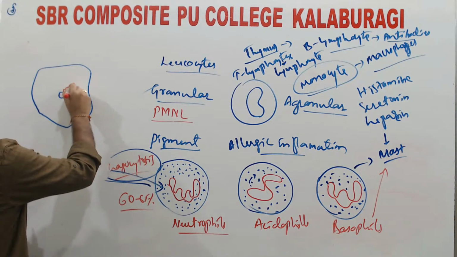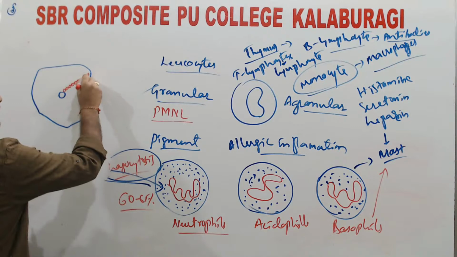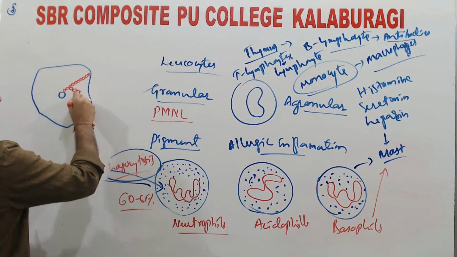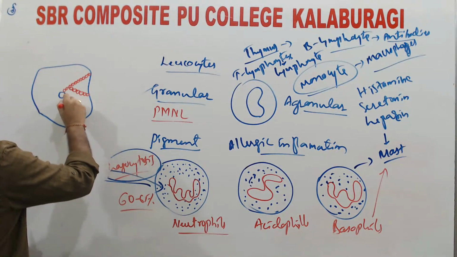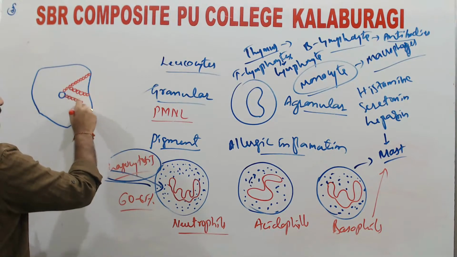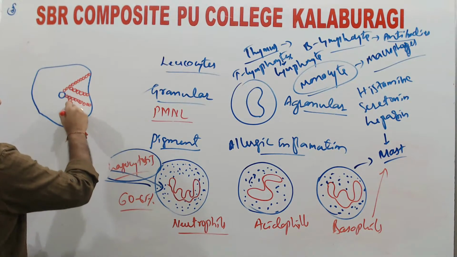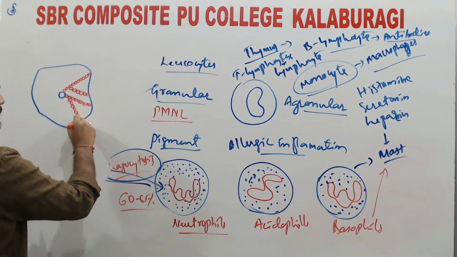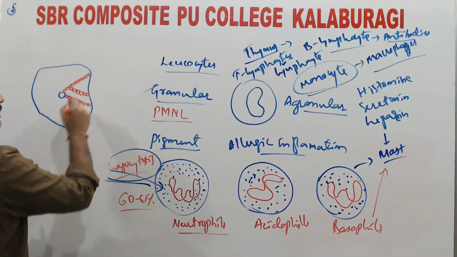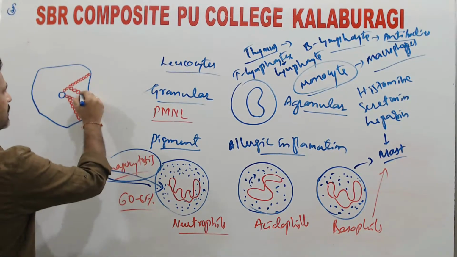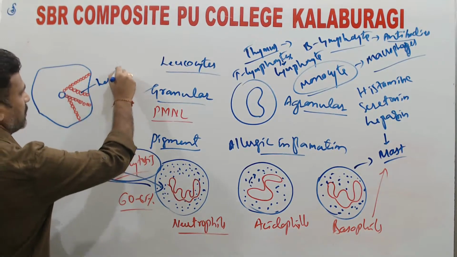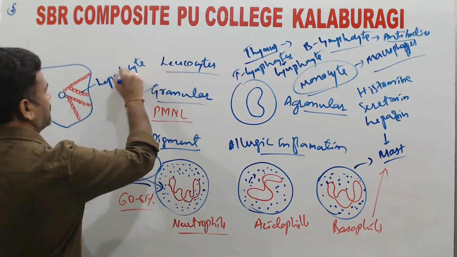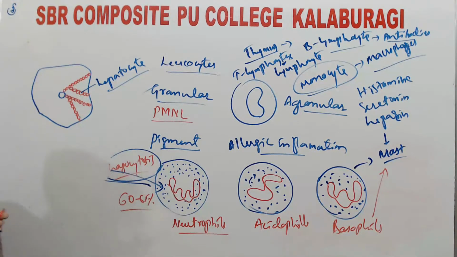These hepatic cords are arranged in the form of strings, and they migrate towards the peripheral region, and these are highly branched ones. So these are called hepatic cords, and the cells involved in the formation of the hepatic cords are called hepatocyte cells, that is, liver cells.